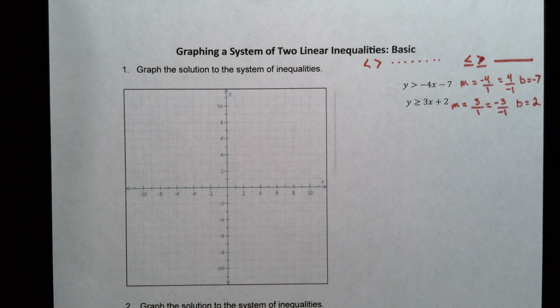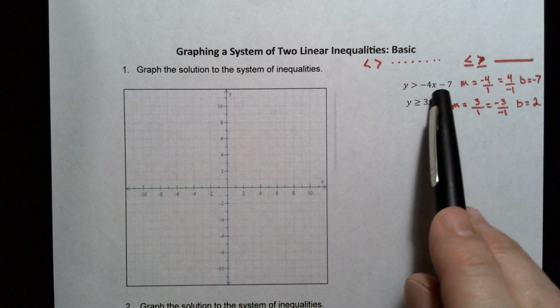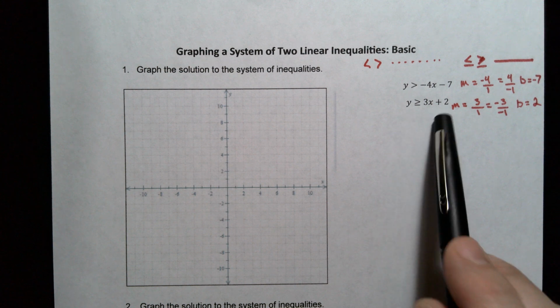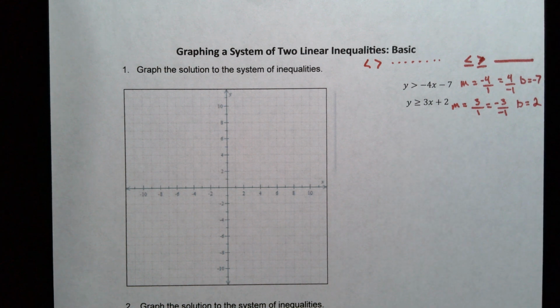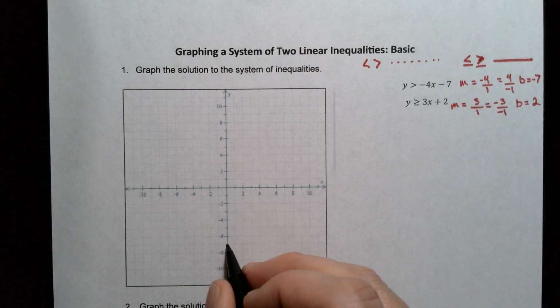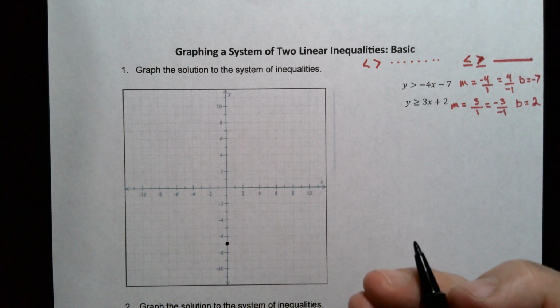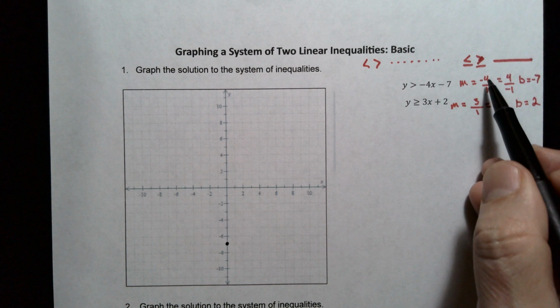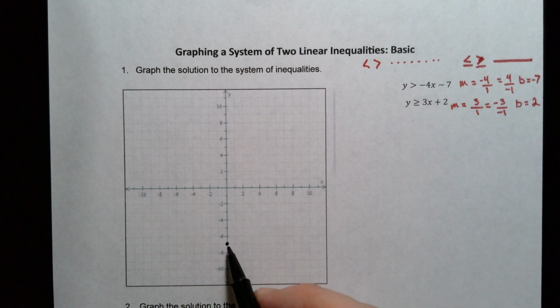Okay, so let's go over here and graph these two lines. We'll take care of the shading in a minute, but for now, let's graph them. And remember, this first one is going to be a dotted line because it didn't have a line underneath, and this one will be a solid line. So looking at that first one, we go to -7 on the y-axis, so that's down here. And then I use my slope, -4 over 1, that would be down 4, right 1.